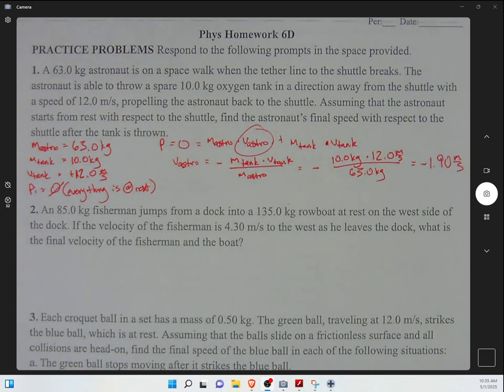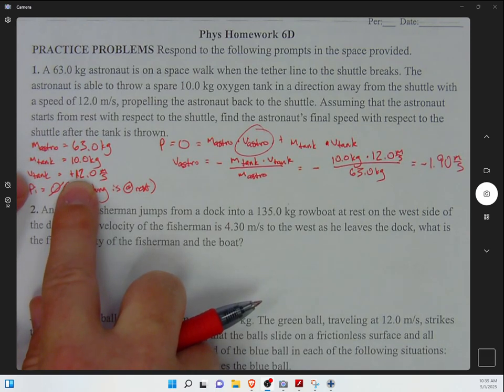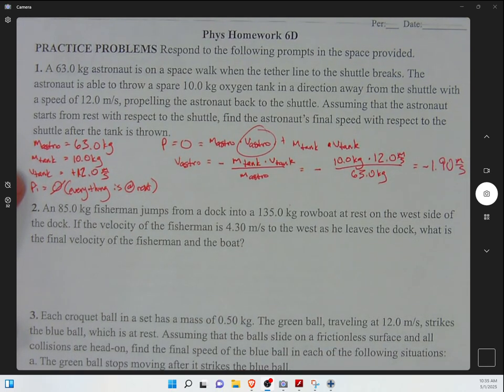Okay? Now, what does that negative mean? Remember, we created a frame of reference in which the direction that the tank is moving is considered to be positive. Remember, positive doesn't mean positive in the sense that it's a good outcome, like, yay, we want the astronaut to get back to the ship, right? No, that's not what we mean by positive.